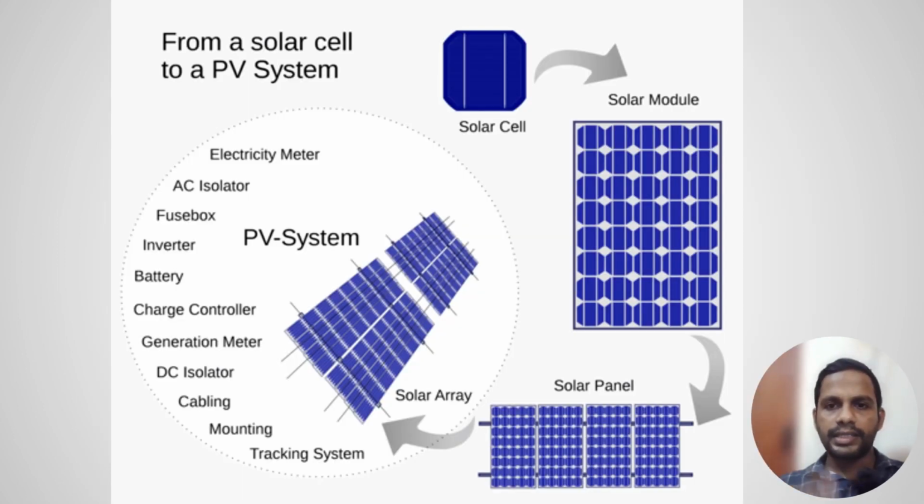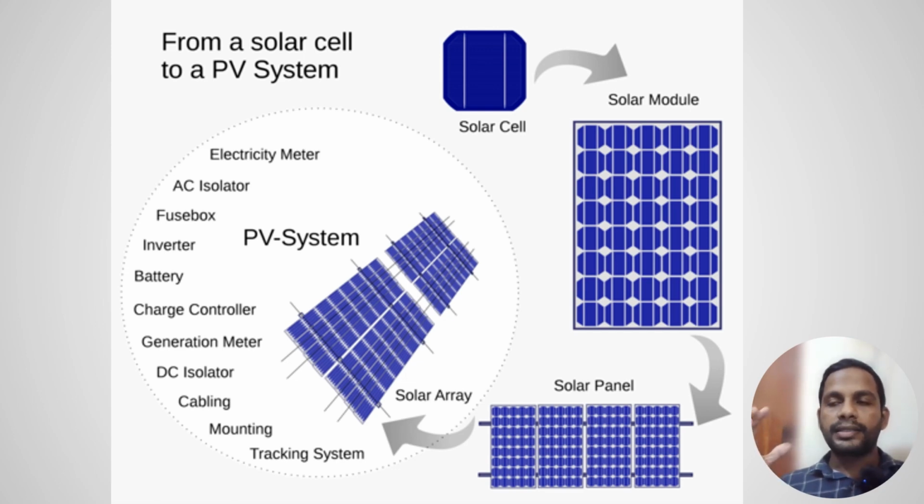So solar cell, solar module, solar panel, and solar array. A solar array is sometimes called a solar PV system, because as I said, solar array means solar PV system. When I say I have a solar PV system on my rooftop, it means I'm talking about the entire system. I'm not talking about one module.